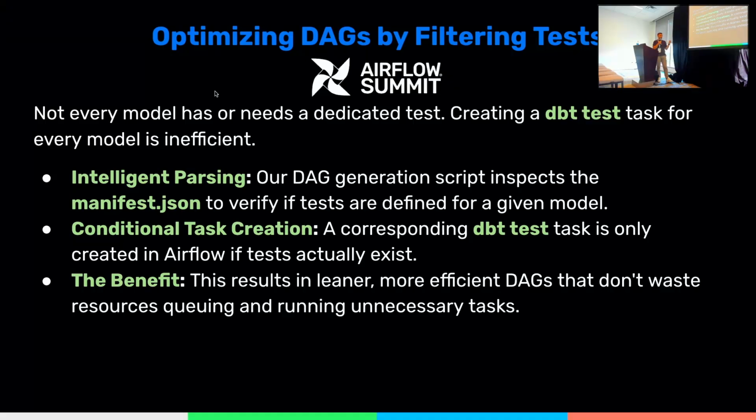Again, you're not going to lose any time, because imagine that you are trying to run the DBT test command on a test that doesn't exist. DBT is going to try to run it and at the end it's going to tell you nothing to run. But you just lose 1 minute, maybe 2, depending on your DBT parsing time. The whole benefit of this is you don't waste any resources. It's the same point as the last one, where we don't want to waste time or resources.